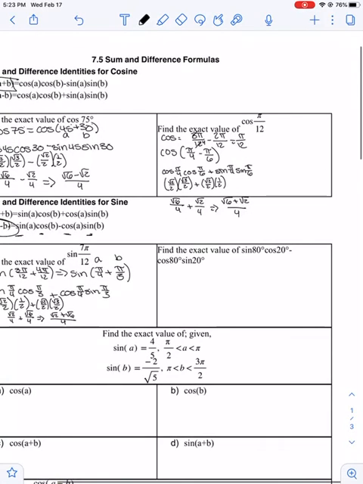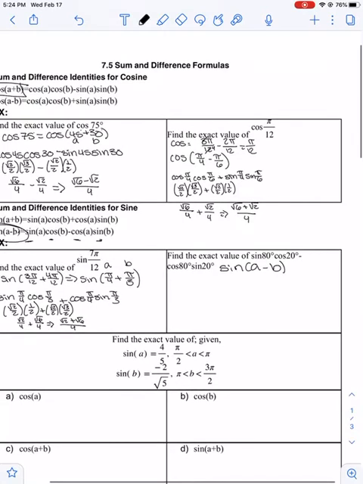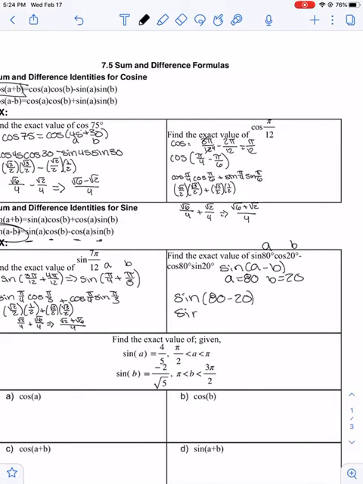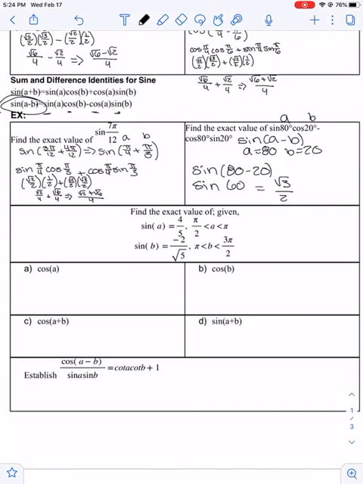So this is using that sine A minus B. And then that means A equals 80 and B equals 20. So if I put this in, sine of 80 minus 20, I get the sine of 60, and the sine of 60 equals square root 3 over 2. So you're recognizing that that was a sum and difference formula for sine and then working backwards.